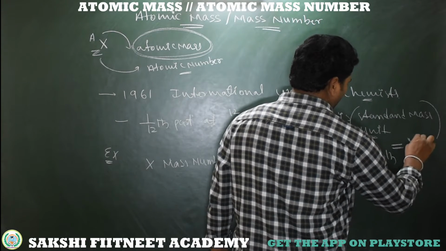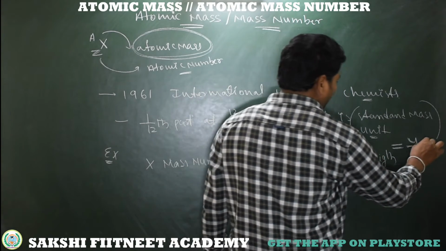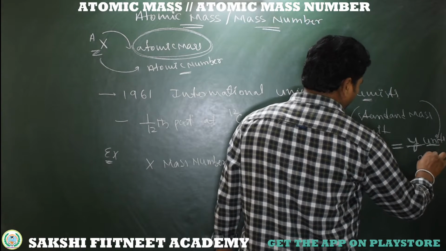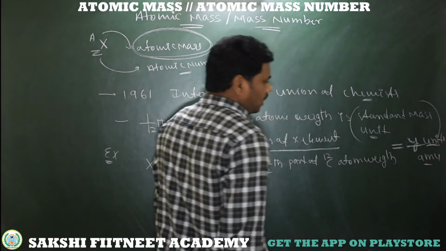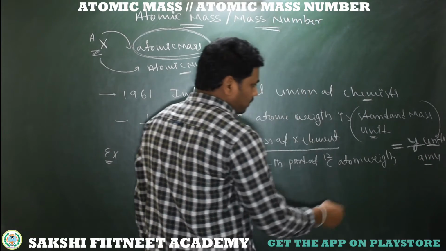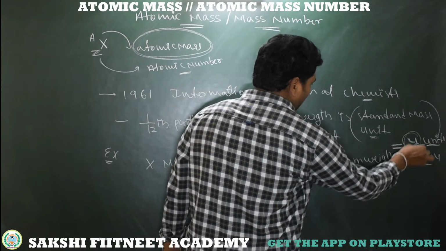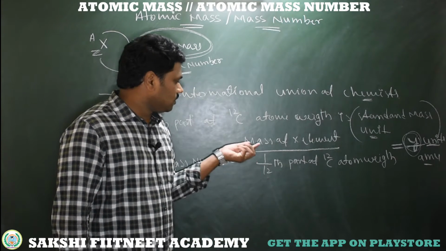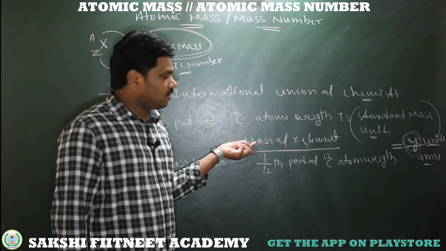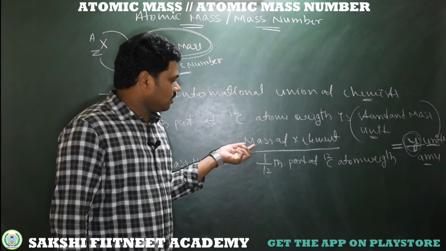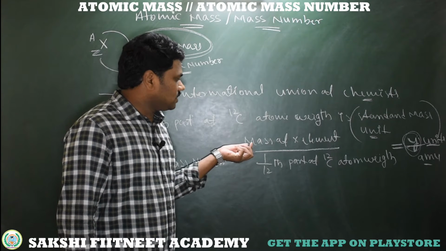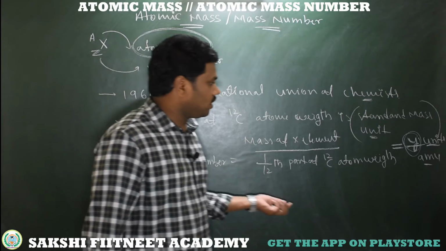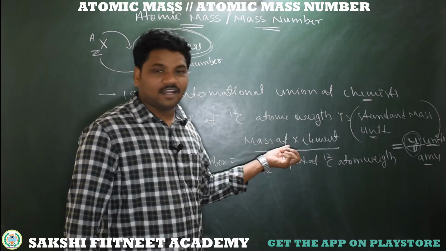Example, assume it's a Y value in units, or we can take AMU. So what is AMU? I'll explain. So this is the value which we are getting. Simply here we are comparing this 1 by 12th part with the weight of X element. How many times this X element mass is higher than this 1 by 12th part, that is called the mass number of this element.